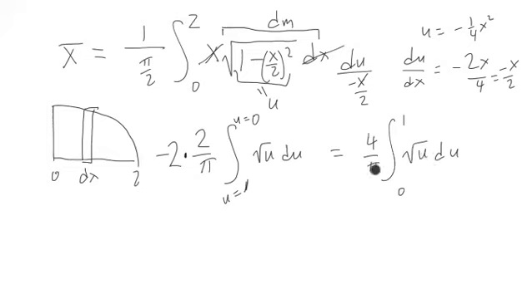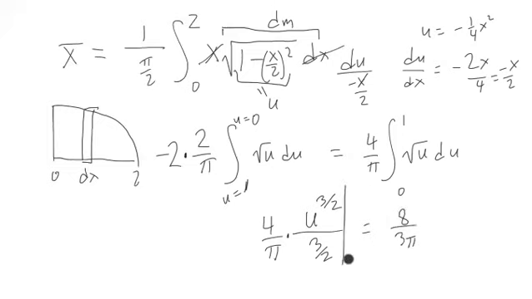All right, now here, this will become u to the 1/2, use the power rule, becomes u to the 3/2 divided by 3/2. And that's multiplied by 4 over pi, and that'll become 8 over 3 pi times u to the 3 halves as we go from 0 to 1.